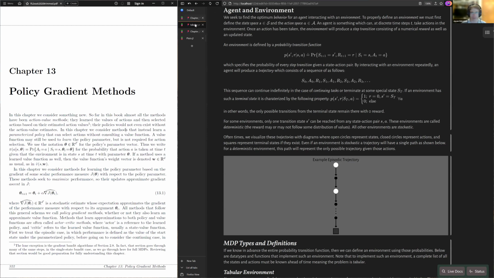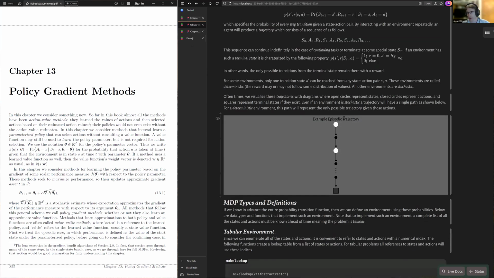And I have this notebook that summarizes part one of the book, but it's useful to just give a quick recap of how the action value methods work. So, some environment is defined by this probability transition function. And then when you interact with the environment, you are going to go through some trajectory of states.